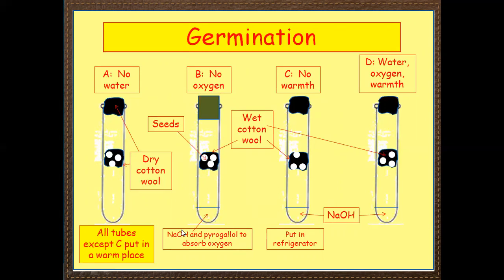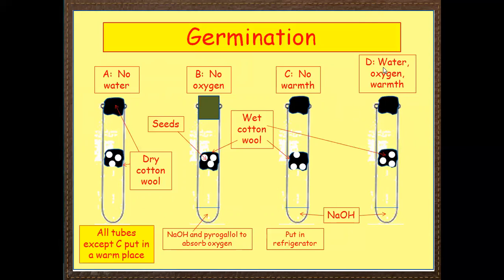Okay, and NaOH we put here. NaOH absorbs carbon dioxide, if carbon dioxide is produced as a result of respiration. Here you can see the wet cotton, which means water is there, but tube C is placed in a refrigerator. It means the temperature is very low. For the enzymes, temperature is necessary, so this seed will also not germinate.